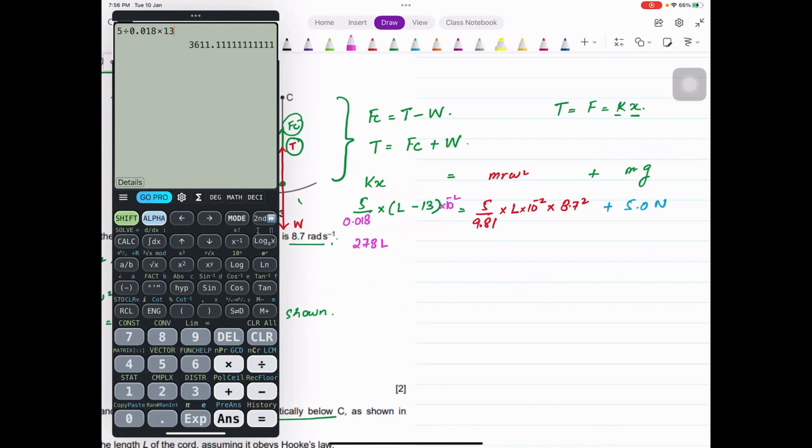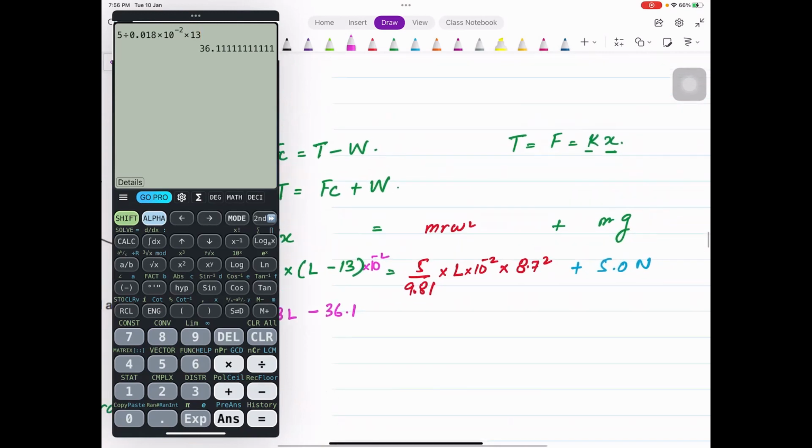Oh no, wait. 10 raised to minus 12, so I need to multiply that. So this will come out as 2.78 L minus, this should multiply by now 30. So this is going to be 36.1. All right, is it clear?